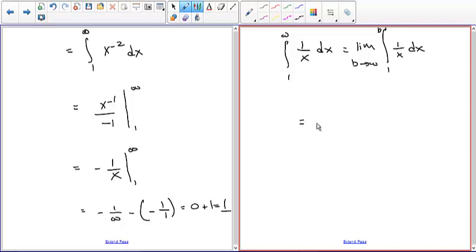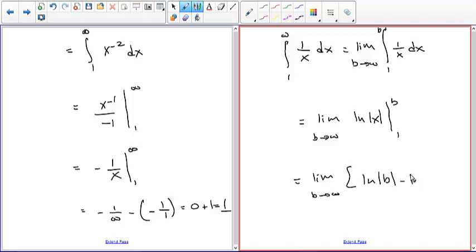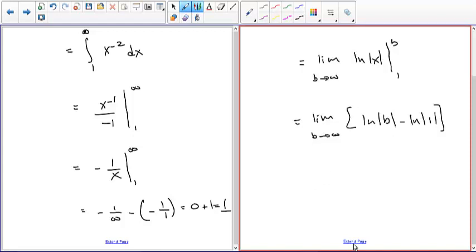So when you integrate that, you get the natural log of x. So we get the natural log of the absolute value of x, evaluated between 1 and b. Then you evaluate that, so you get the natural log of the absolute value of b minus the natural log of the absolute value of 1. The natural log of 1 is 0.